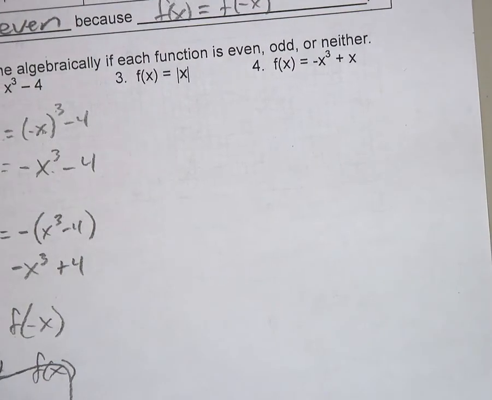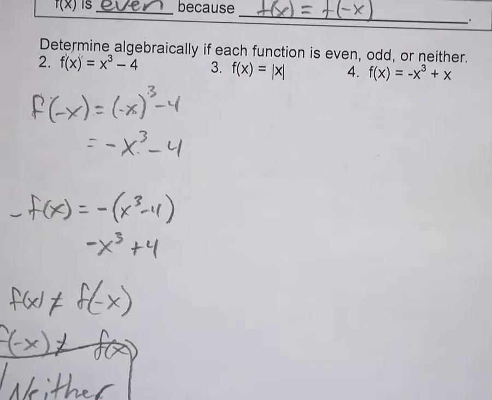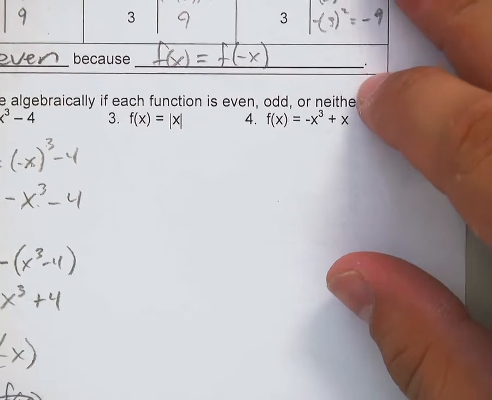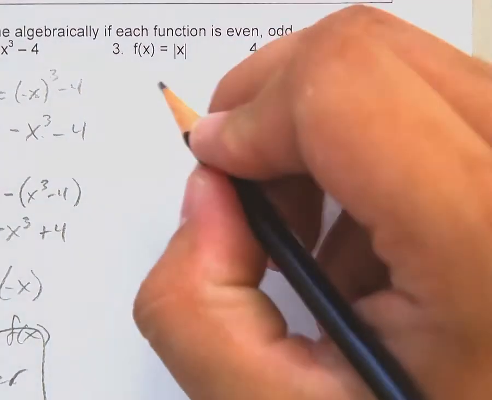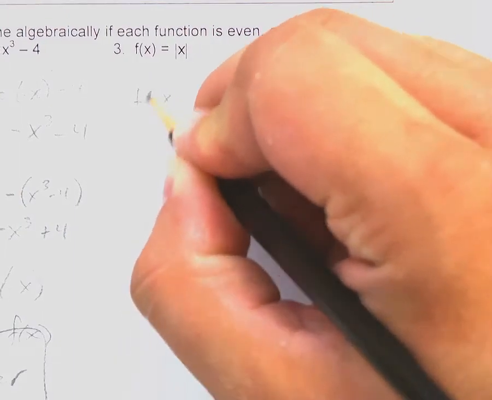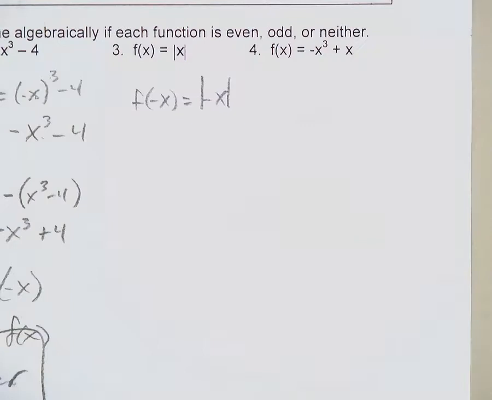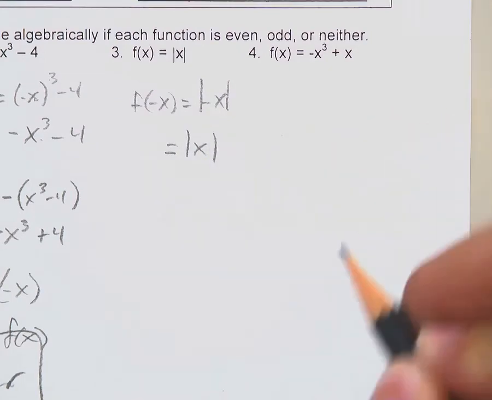Okay, if that messes you up, keep going. We'll try some others here. All right, f of x is equal to the absolute value of x. Let me organize this paper. This is f of negative x. Throw a negative inside there with your absolute value. What do you get? You get the absolute value of x, because that's what the absolute value does.